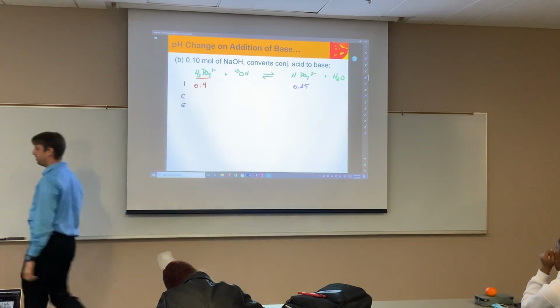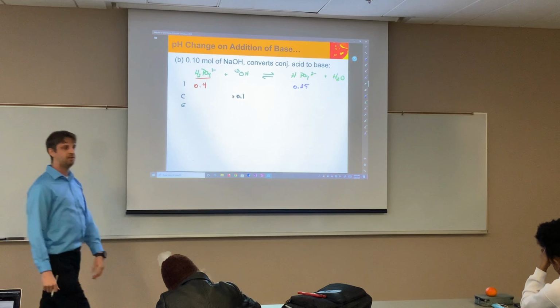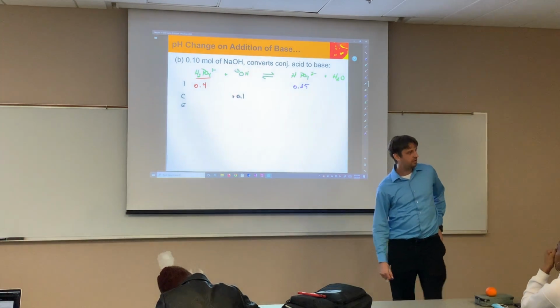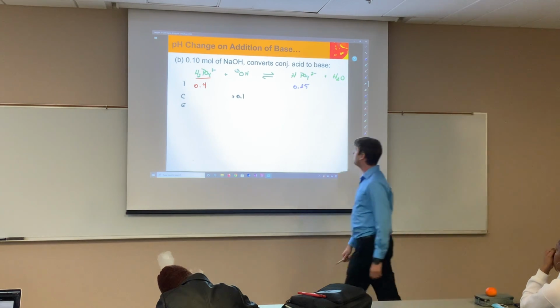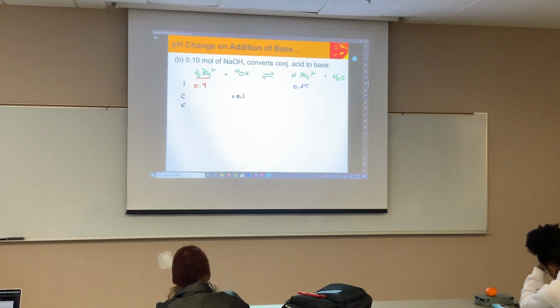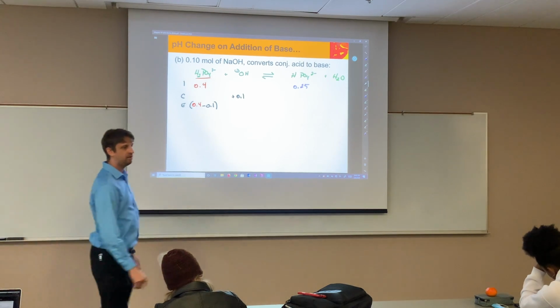Then what happens? We disturb their happy life, okay, by adding 0.1 moles of the base into this. Good. You guys see where this is going at this point, right? So what happens along the way? Well, over here, it's going to be 0.4, right? Minus that 0.1. The acid and the base are going to react with each other.